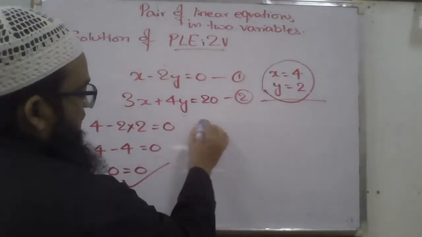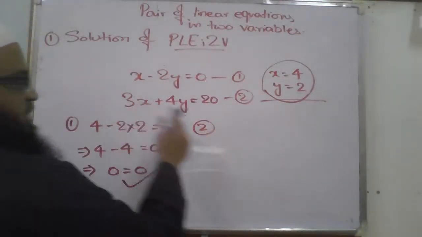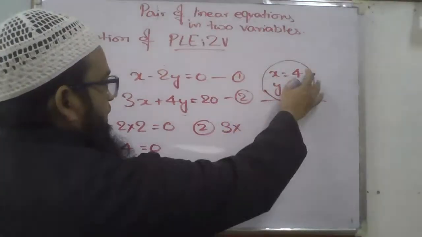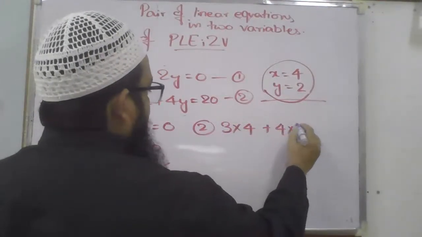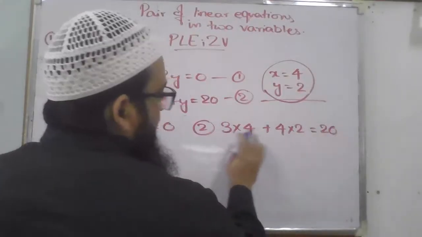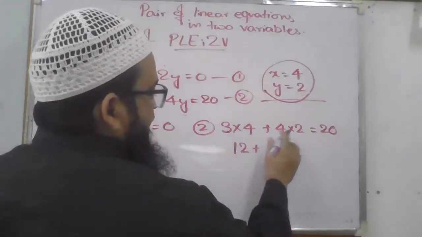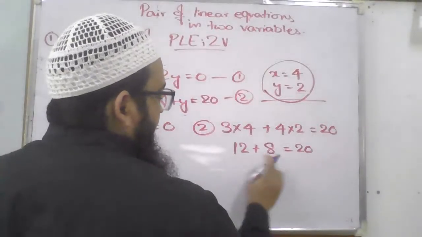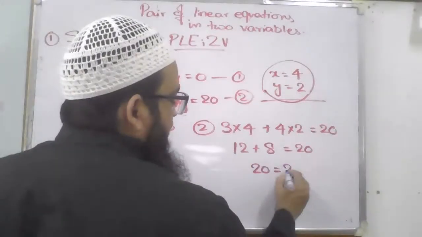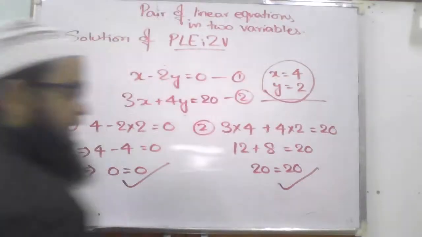Now check for the second equation: 3 times x, which is 4, plus 4 times 2 equals 20. 3 fours are 12 plus 4 twos are 8, and on the right hand side you have 20. 12 plus 8, 20 is equal to 20. Is it satisfied? Yes.